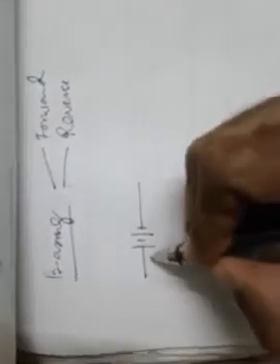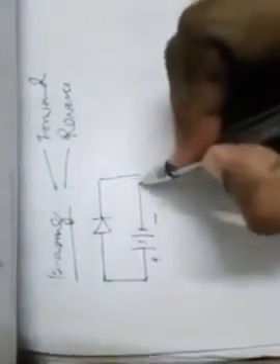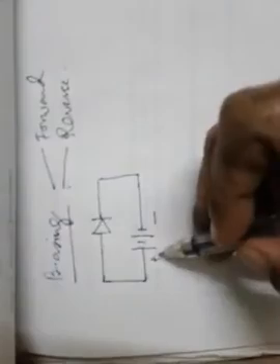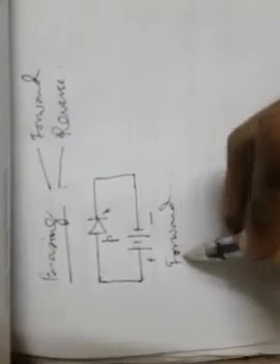So if we consider a battery like this, and if we connect a diode with it in this fashion, that means the positive terminal of the battery is connected to the P side of the diode and the negative terminal to the N side of the diode, this condition of biasing is called forward biasing.